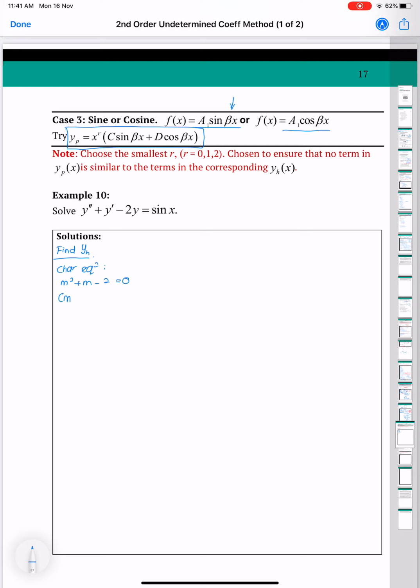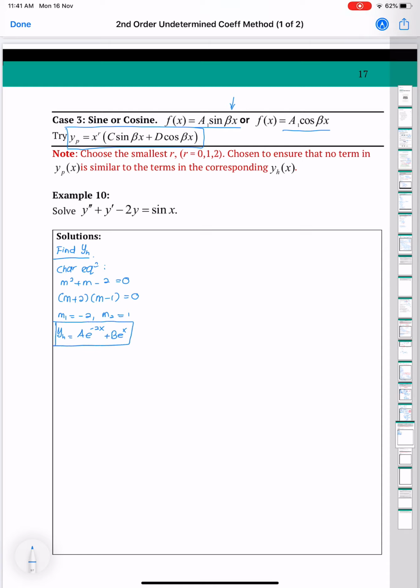So I have (m plus 2)(m minus 1) equal to 0. So I have m1 equal to negative 2, m2 equal to 1. So my yh is equal to a exponent negative 2x plus b exponent x. So this is my homogeneous solution.